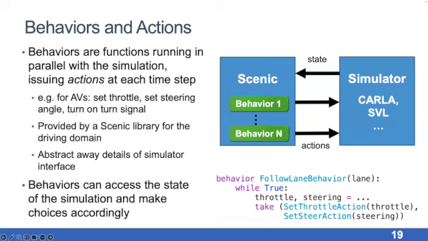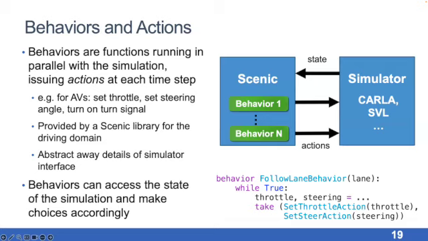And then we're using the Scenic take statement to issue the actions that we want. So here it's a pair of actions, this throttle and steering action. So that would be an example of a simple kind of behavior where we're just taking these two actions every time step, and the parameters to those actions, like the numerical throttle and steering, we could compute based on the world state.